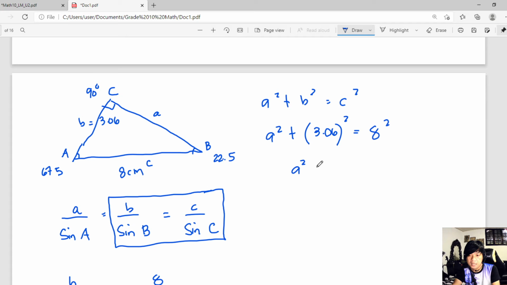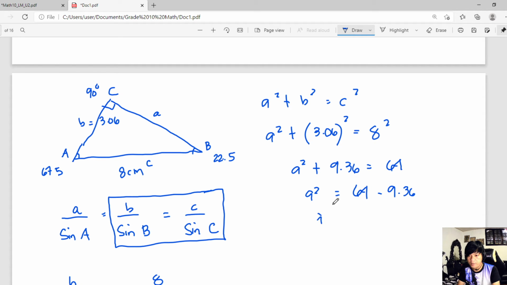What is 3.06 squared? 3.06 squared is 9.36. So A squared plus 9.36 equals 64. So A squared is equal to 64 minus 9.36.